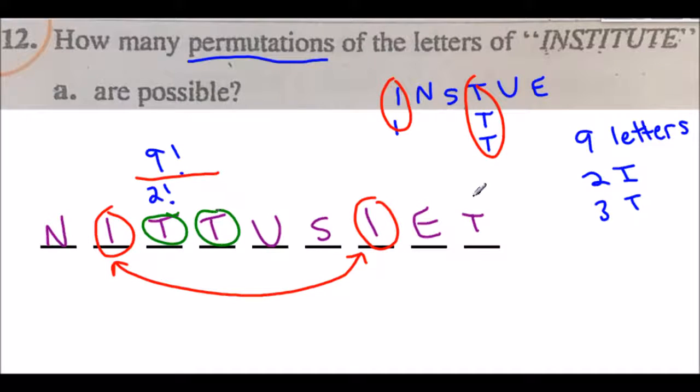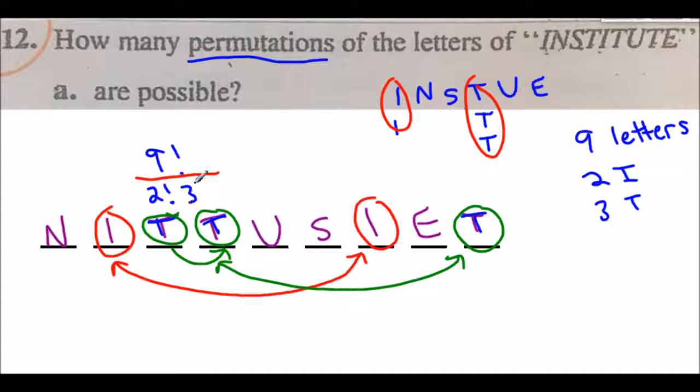Every time I placed the letters and then did nothing but rearrange the 3 T's amongst themselves, I didn't want to recount that as a different word, because if I switch the T's around, it's the same word. So similar to what I did with the I's, I need to remove all of the ways that the T's could be interchanged amongst themselves, and those T's represent 3 objects and 3 spots, which is 3 factorial.